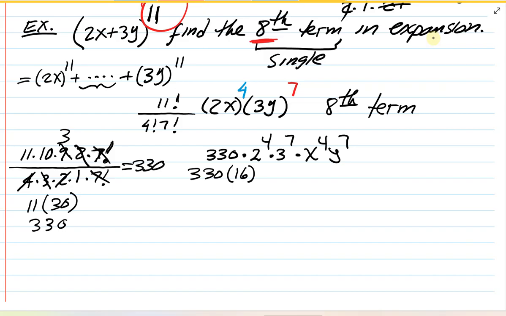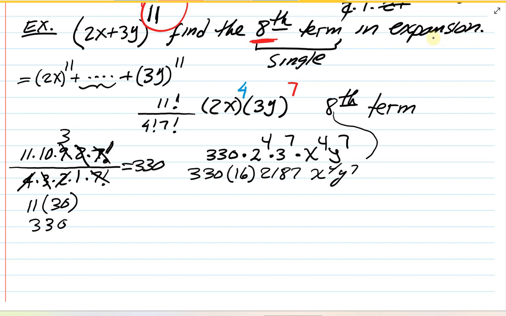And what about 3 to the 7th? I'm going to do that on my calculator. 3 to the power of 7 is 2,187. Then x to the 4th, y to the 7th.